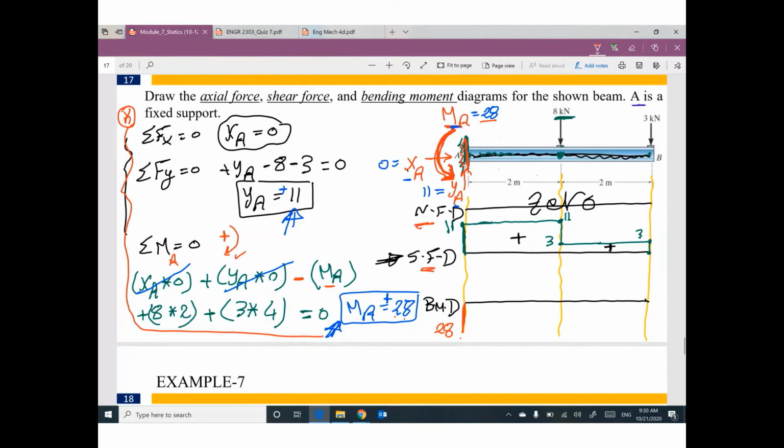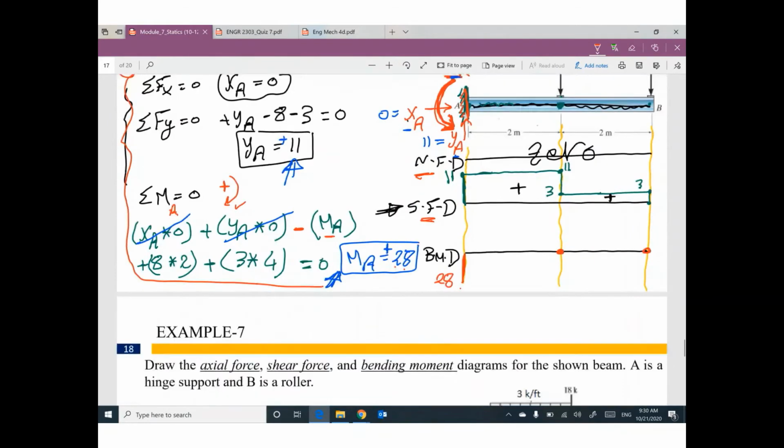Okay, so at the beginning we have a moment. This moment is counterclockwise, so it will be -28. Now I'm looking for the value at the next point. Assume this one is number 2 and this one is number 3. Can you tell me the value of M2?